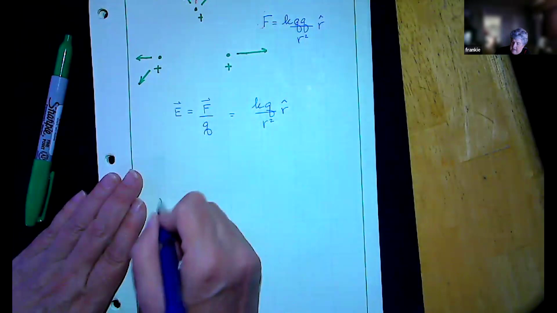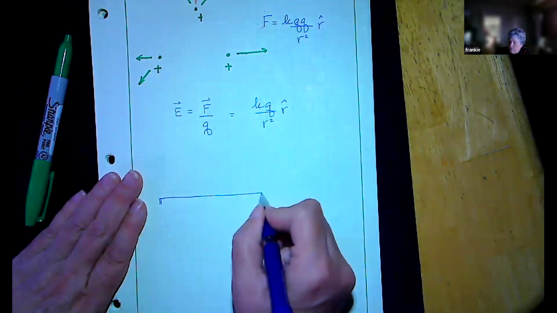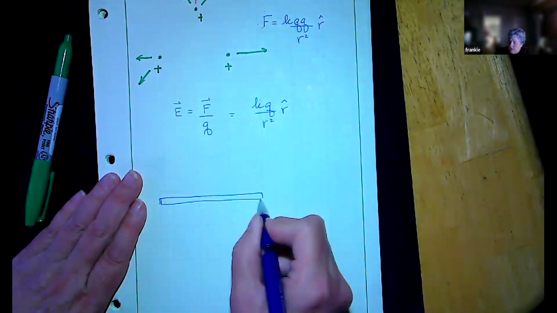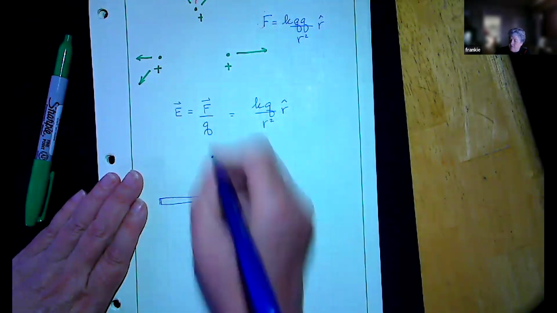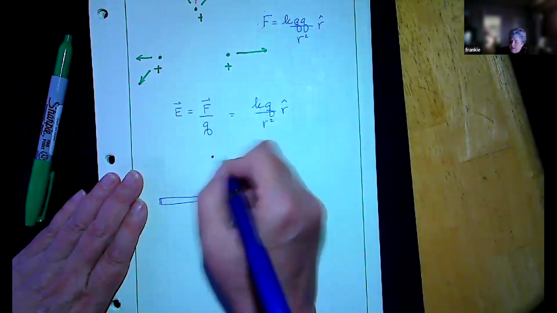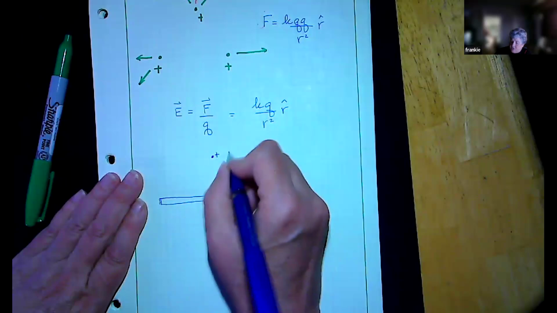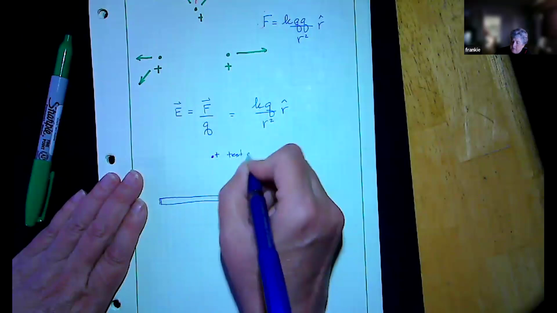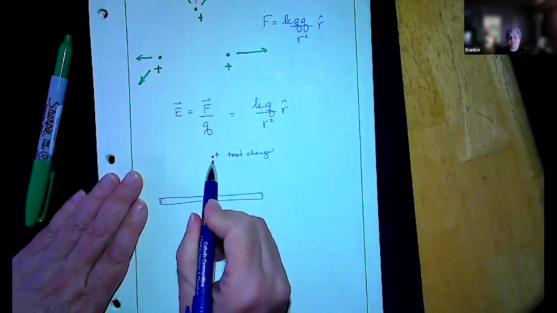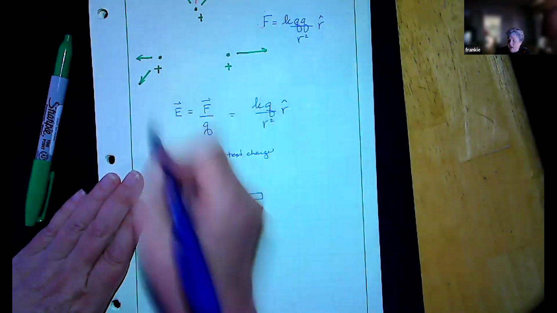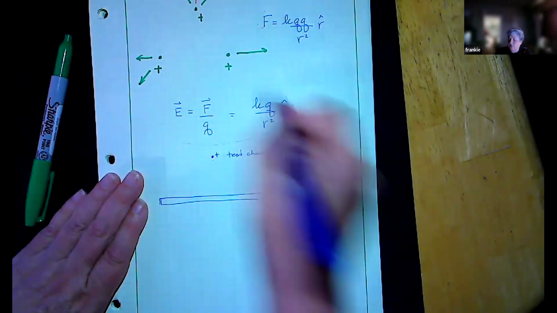But now I can define things like, what does my electric field look like due to a line of charge? And anywhere along this point, I can put a positive test charge here, and be able to tell what's going to happen associated with that charge by looking at it from that perspective.